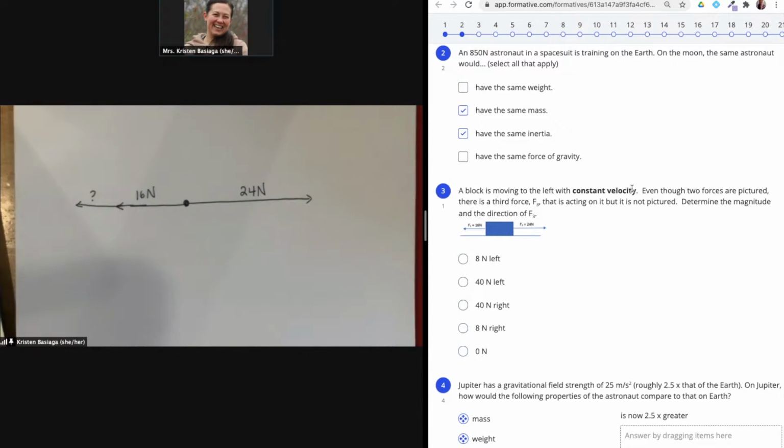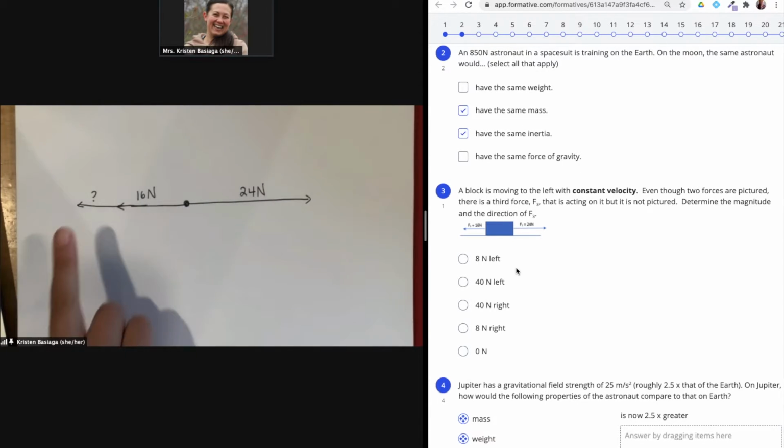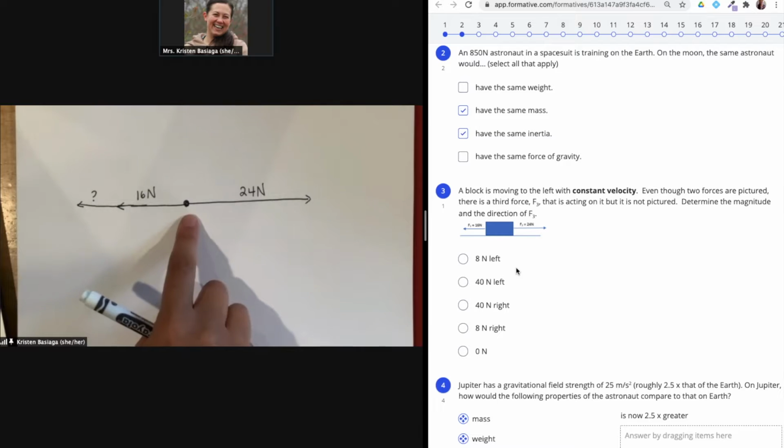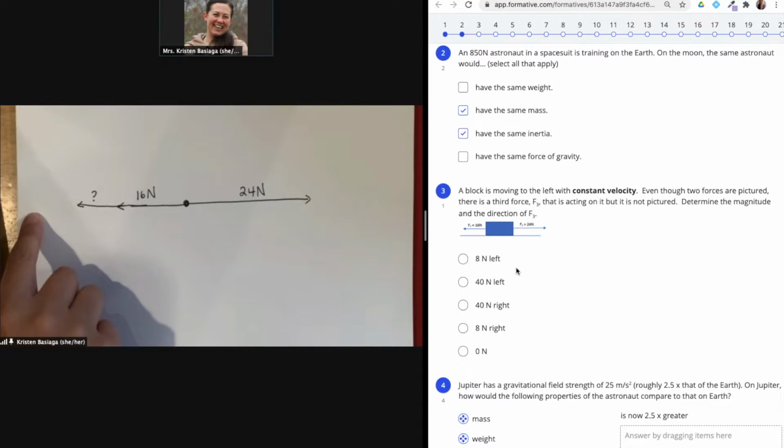Now, just to be clear, some people will get tricked up and say 40 newtons left because it says the block is moving to the left. But let's just imagine for a second. If this was a 40 newton force left, this would be unbalanced and my object would be accelerating to the left, not constant velocity.